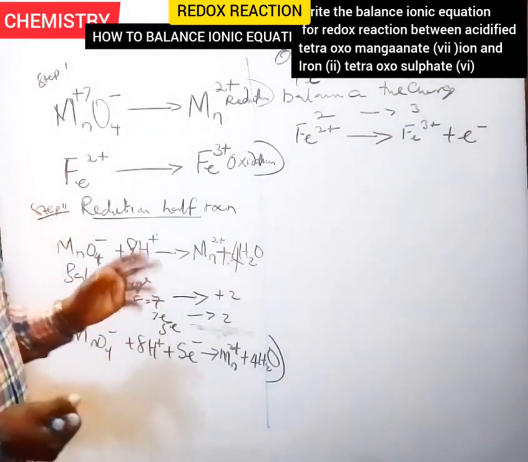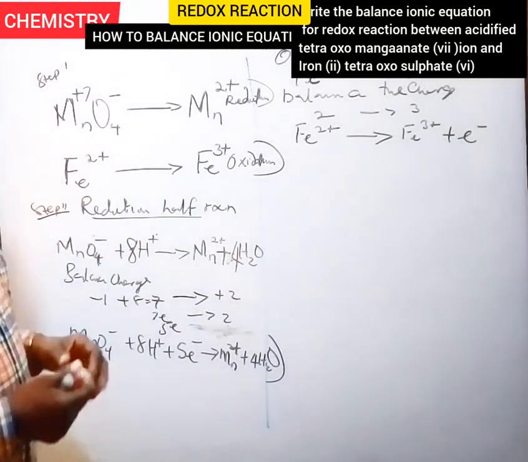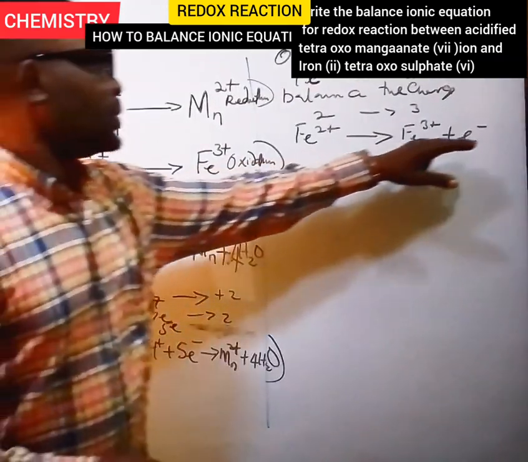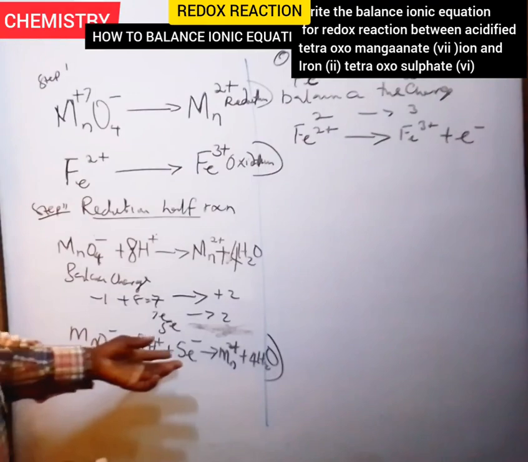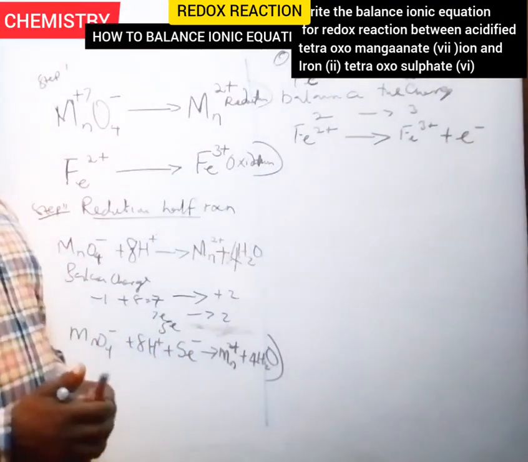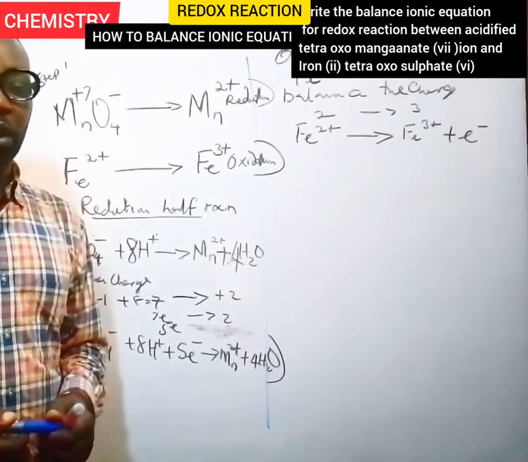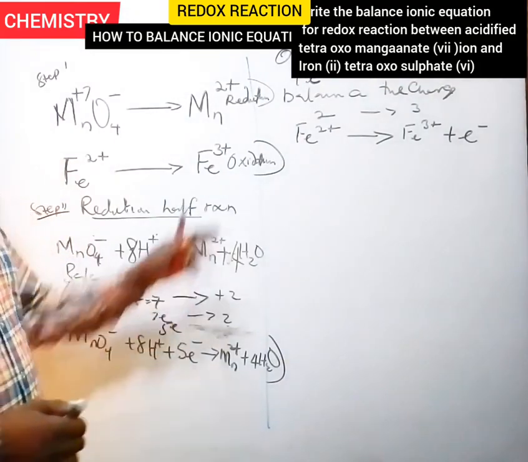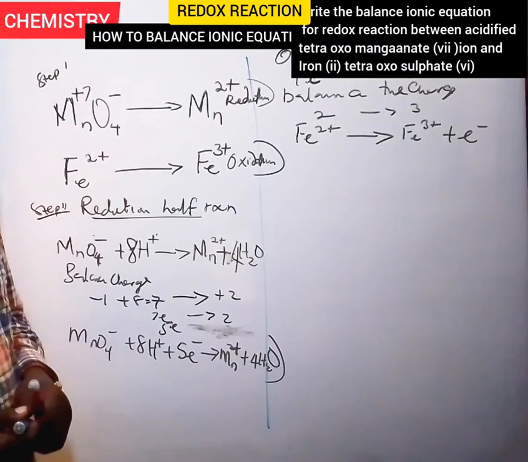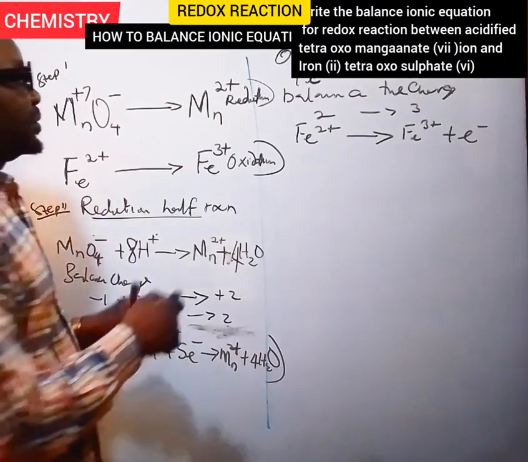Now, what to do next is that you look at the electrons that we have here. This is 1 electron, and how many electrons do we have here? It's 5 electrons. So you have to multiply the oxidation half reaction by the number of electrons, which is 5.